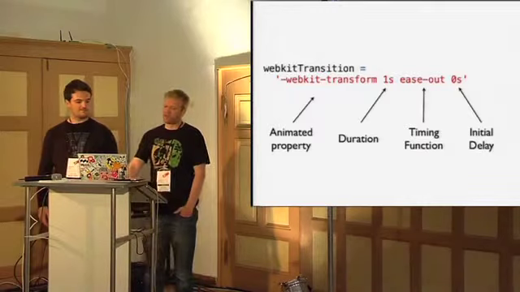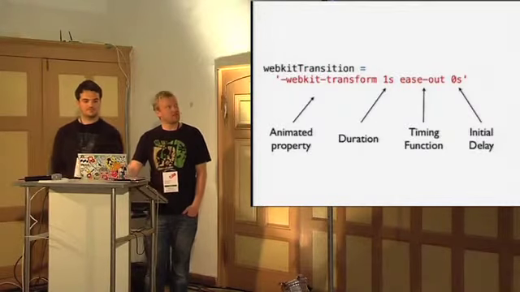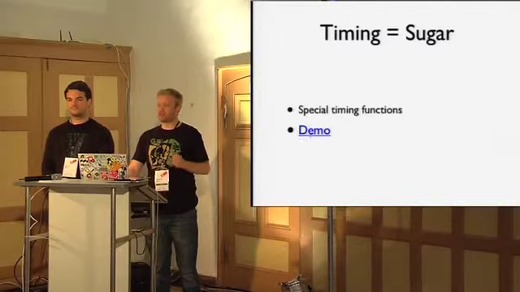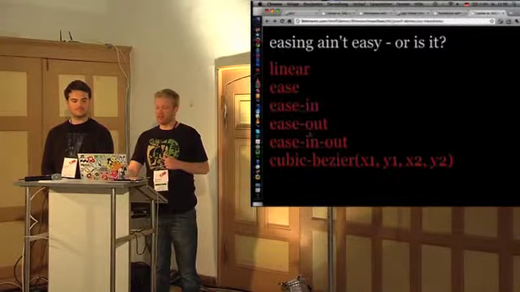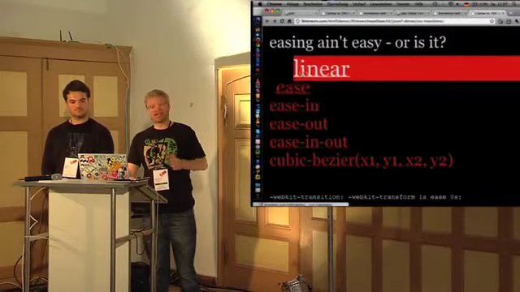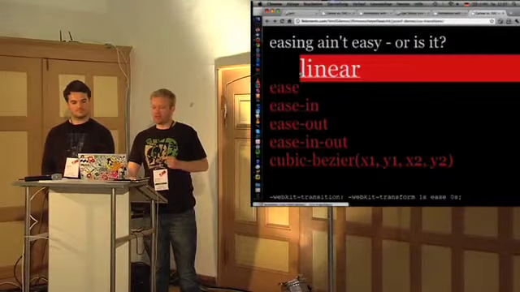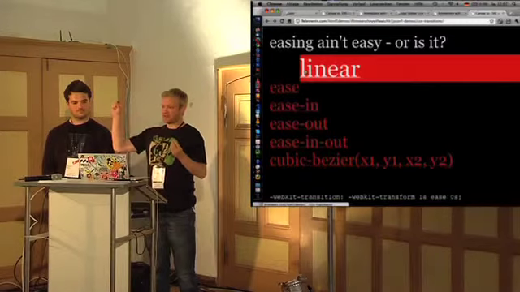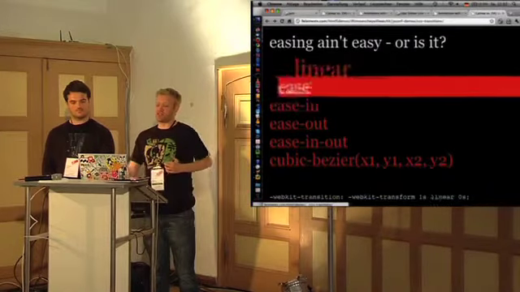Timing, yeah. We dig a little into some timing functions. If you do animations, you have several possibilities to add a timing function. It's linear, ease in, ease out, and cubic Bezier function. And we try to explain it visually. Linear is like moving the object from A to B in the same time with the same velocity.